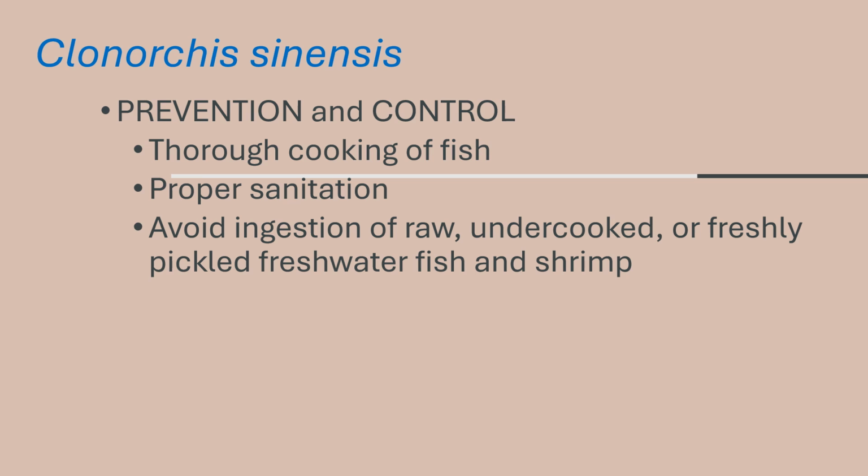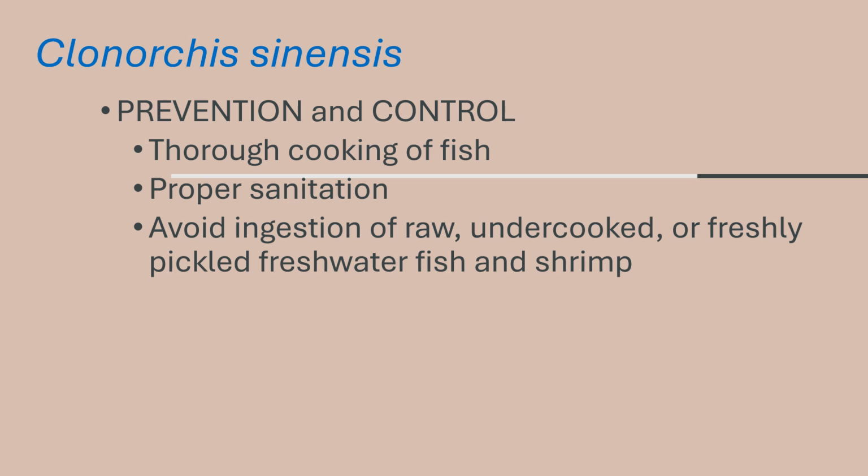Prevention and control: thorough cooking of fish, because as we said earlier, the mode of transmission is eating a freshwater fish that contains the metacercaria. That means eating raw or undercooked freshwater fish, salted fish, pickled fish, and smoked fish.